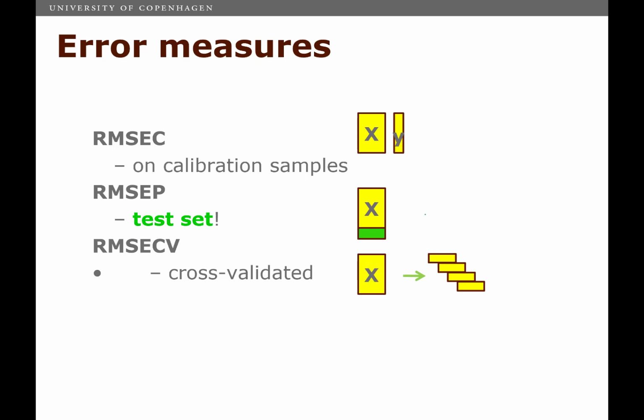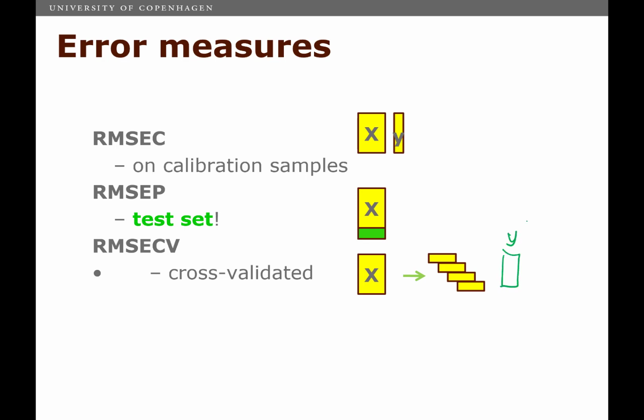Then I'm going to build a model where I remove this part, and I'm going to predict this. So in cross validation, I leave out samples, and I do it in such a way that all samples are left out once, and I build a local model and predict.